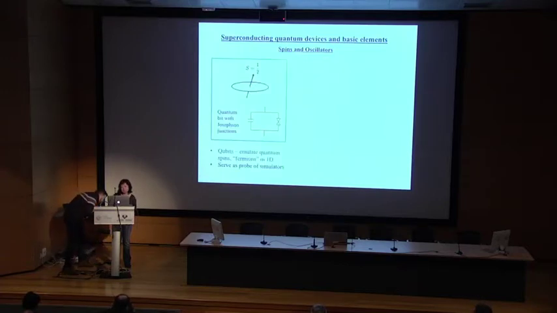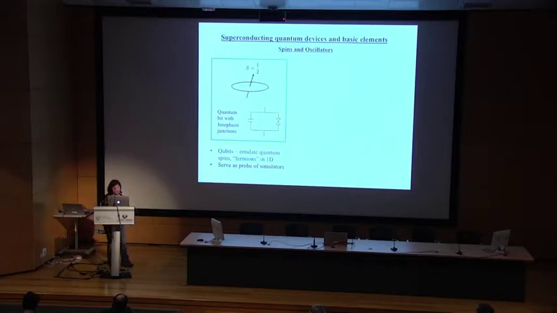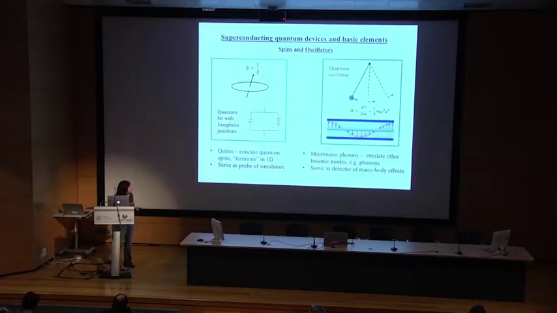There are two types of building blocks in these devices. First, you have superconducting qubits, which can be used to emulate quantum spins, and also in 1D systems, you can use them to emulate fermions. We also have a superconducting resonator, which is basically a microwave photon mode that can be used to emulate bosonic modes, such as phonons.